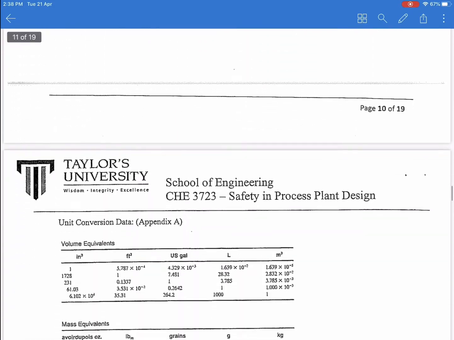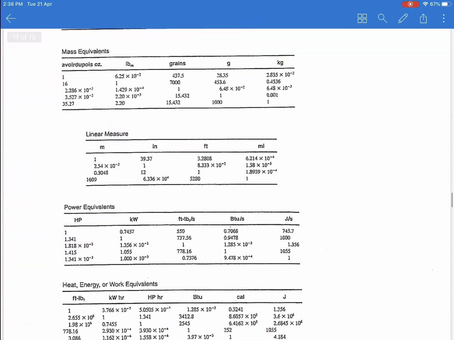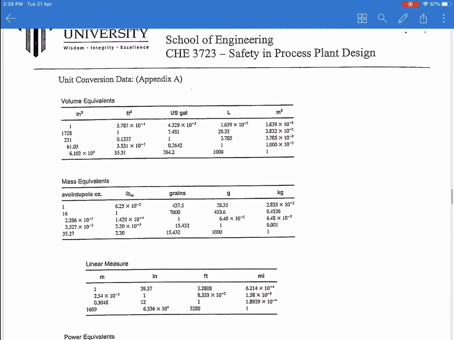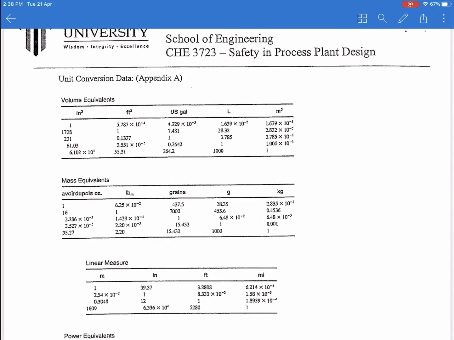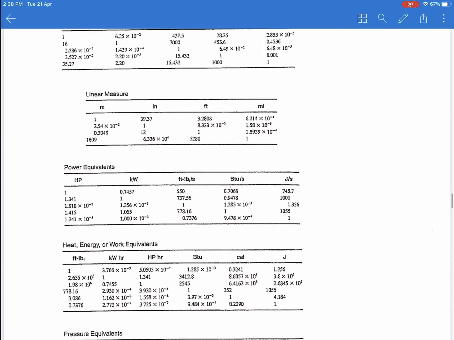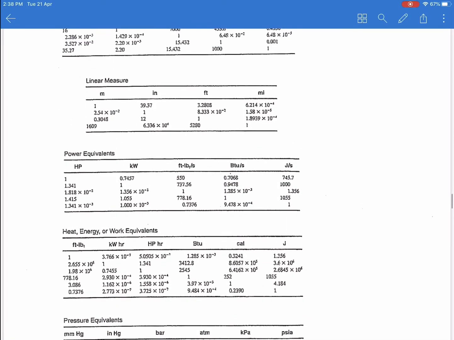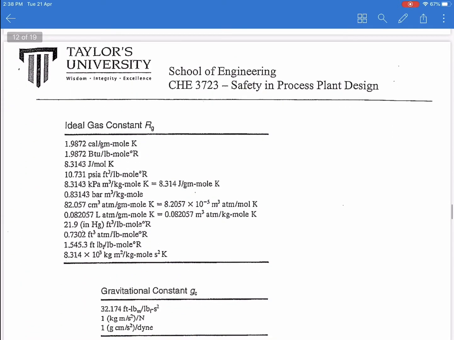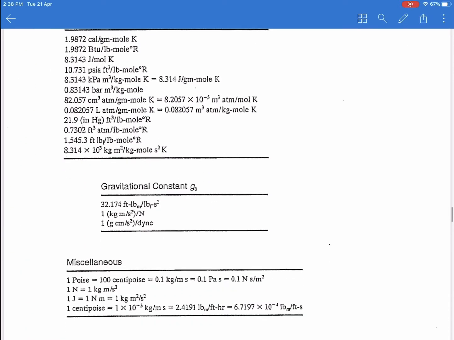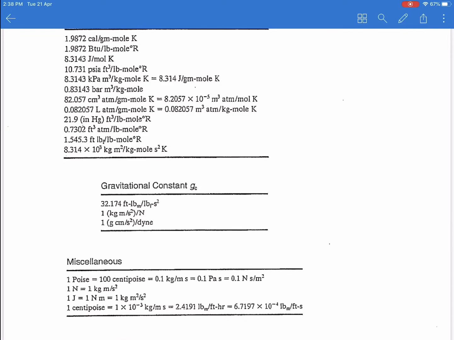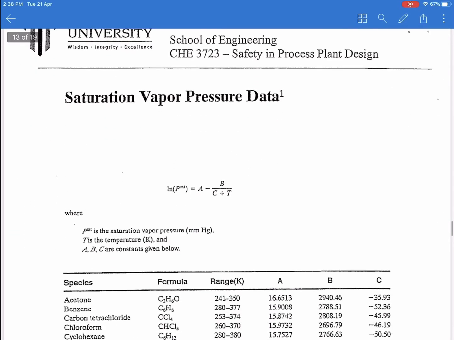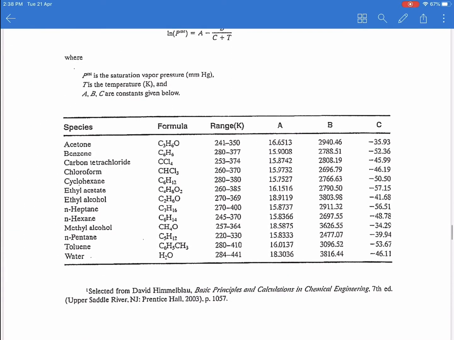By the way, since we are here, you don't have to worry about conversions, because conversion data are given in terms of volume, linear measurements, pressure, and even the ideal gas constants. Basically all the things that you need to know are given. You just need to know how to apply them.